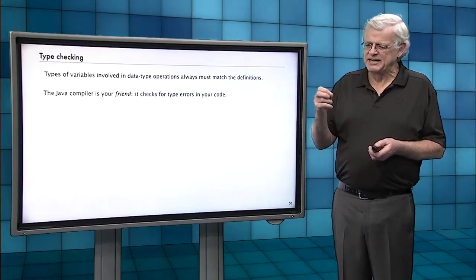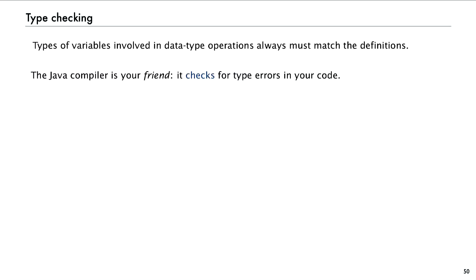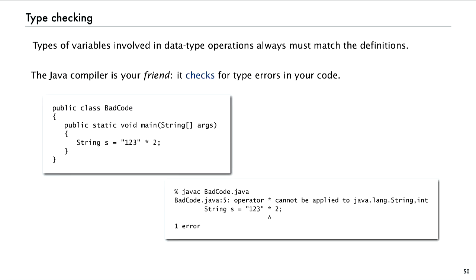If we try to add an integer to a string, it'll tell us, well, if we try to add a Boolean to a double, it'll tell us that you can't do that kind of operation. So there's a string times 2, and it's going to say you can't multiply an integer times a string. That's an error.